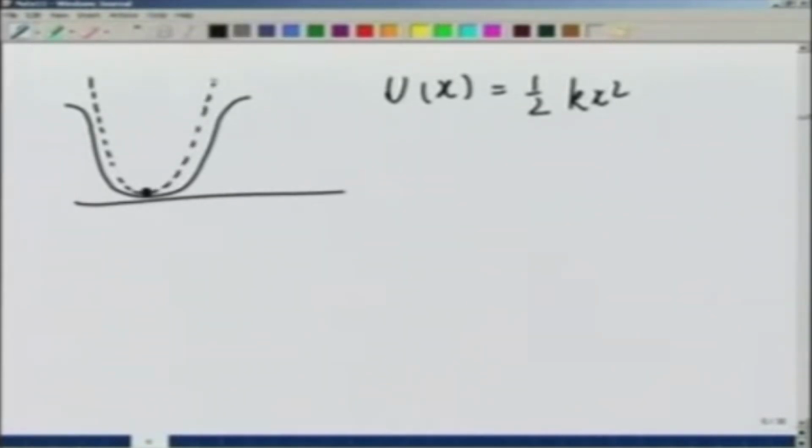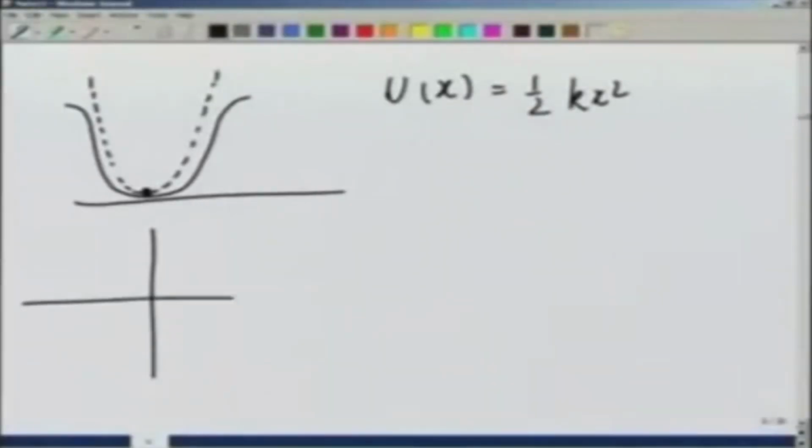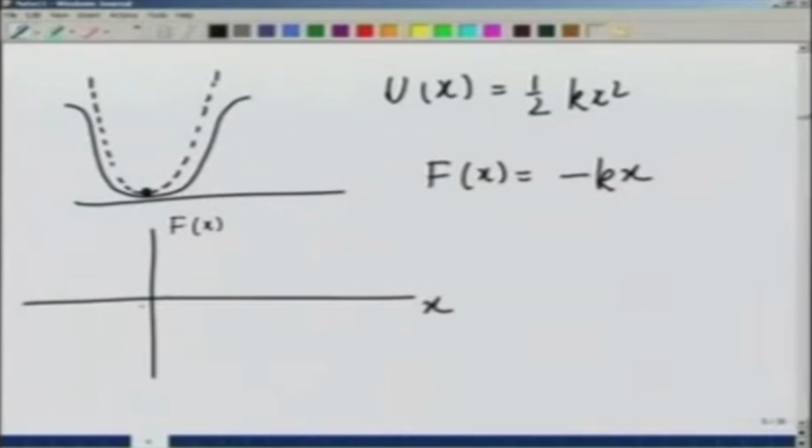So this is how the potential energy looks when I am approximating this motion by a simple harmonic motion, and the force would be F(x) equal to minus kx. So when x is positive, I am approximating the force like this, and when x is negative, it's like this line. You see here that in reality the force goes something like this, and then it becomes slightly less in magnitude. But we approximate this as this line.